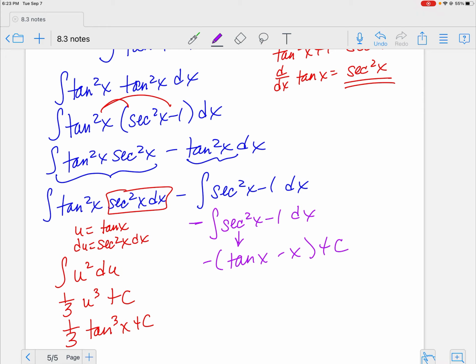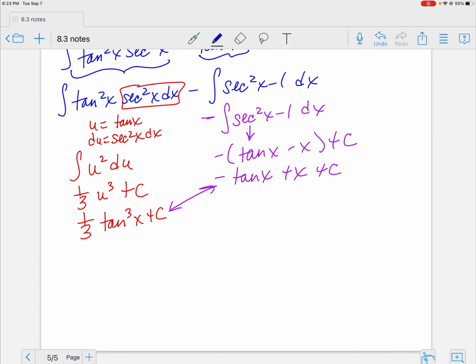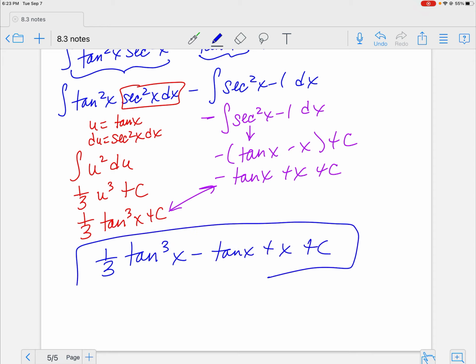Yeah, it is. So I'm going to distribute this, and I'm going to write this as negative tangent x plus x. And then we put these together. Let's go back to blue. My final answer is 1/3 tangent cubed x minus tangent x plus c.